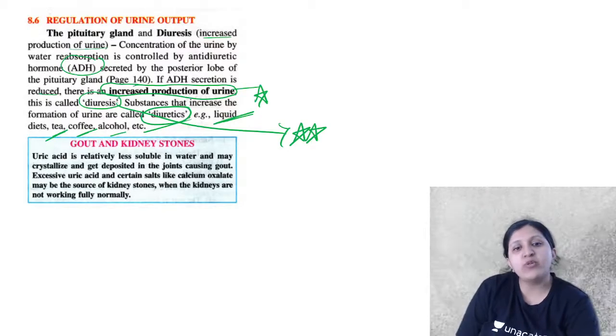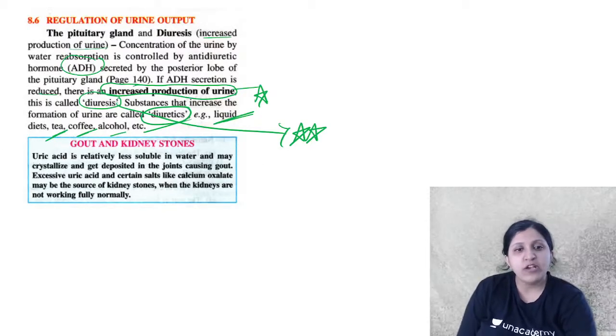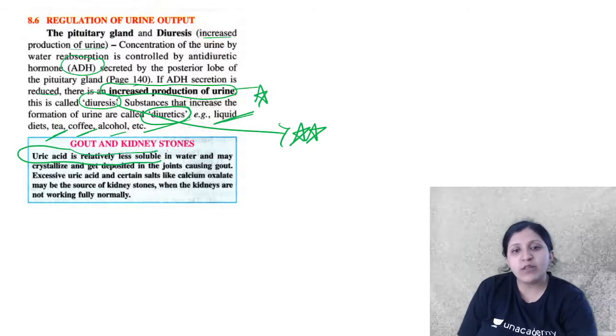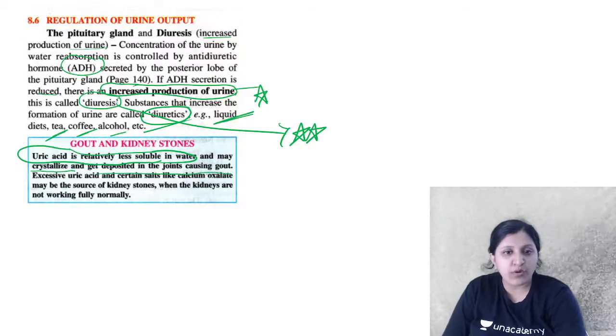Then when we mention gout and kidney stones, uric acid is relatively less soluble in water, so it becomes crystallized and gets deposited in the joints, causing gout.